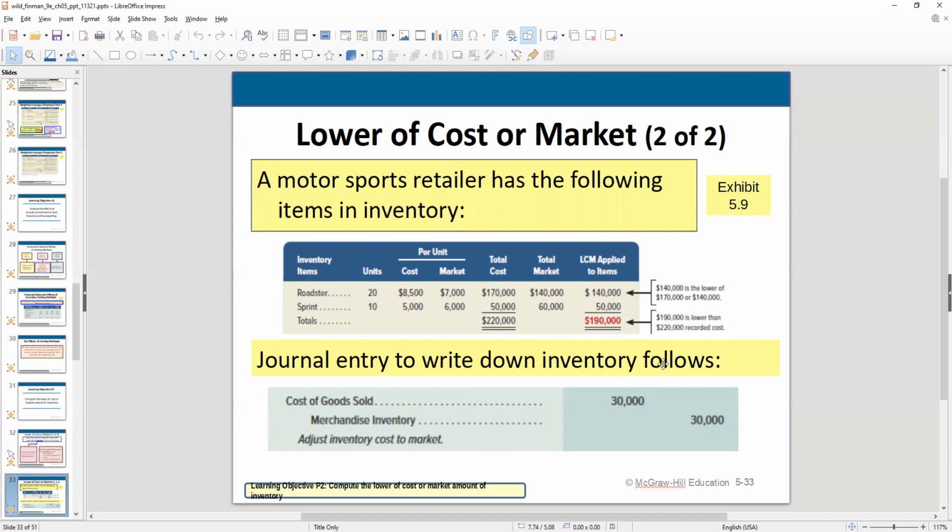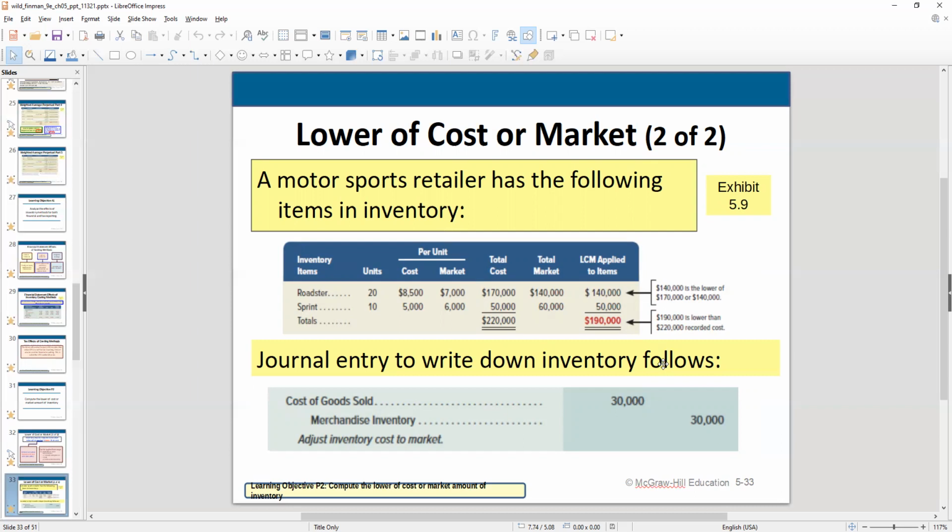The Sprint, however, you have 10 in inventory and you paid 5,000 for it, and the market went up to 6,000. So if you had to, let's say, at a fire, replace these bikes, you'd be spending 6,000 per bike, not 5,000. That means your total cost when you first bought them was $50,000, but the market has driven it up to $60,000. And so let's look at this: lower of cost or market.